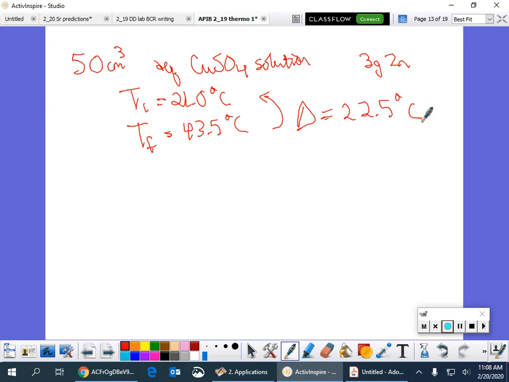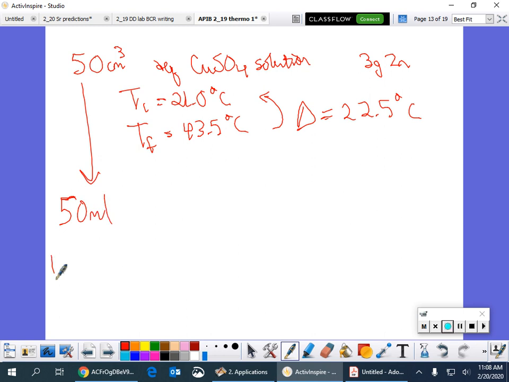When we are calculating our mass, we are looking at the volume of our solution because the majority of the mass of our solution is the water. The volume of our solution is 50 centimeters cubed, which is the same thing as 50 milliliters.